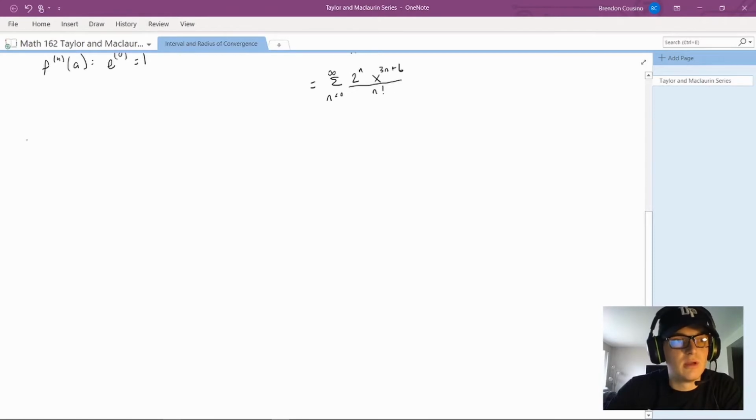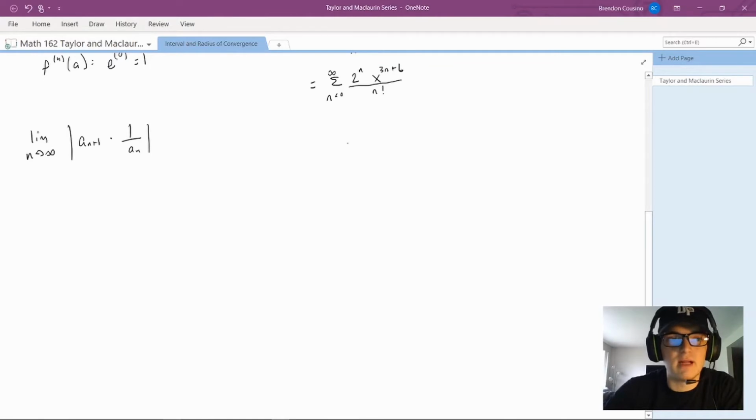If we remember, for the ratio test we take the limit as n approaches infinity of the absolute value of a of n plus 1 times 1 over a of n. Or you could just write it as a of n plus 1 over a of n. I like to write it in this form because what we end up doing is just multiplying by the reciprocal of a of n anyway. So this is the form that I like writing it in.